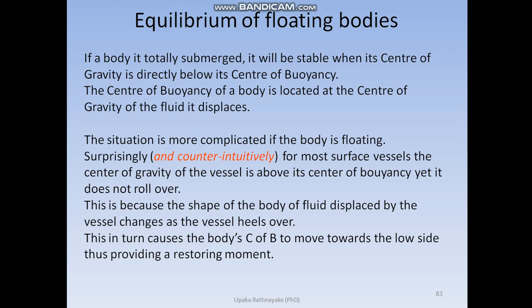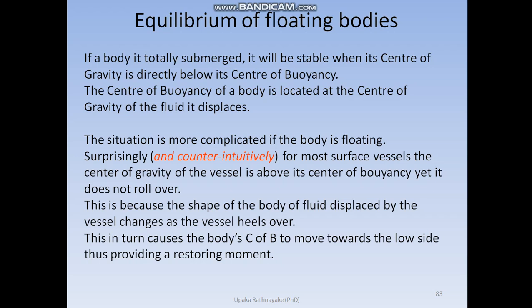We can have three stability conditions. The first is stable, the second is unstable, and the third is neutral stability. I'm sure you can remember these stabilities with solids, which you have learned in your high schools.